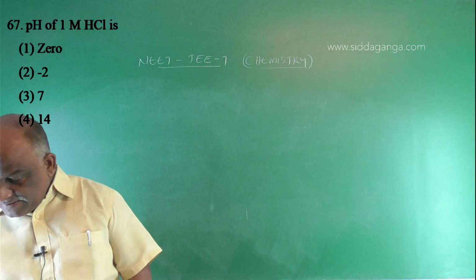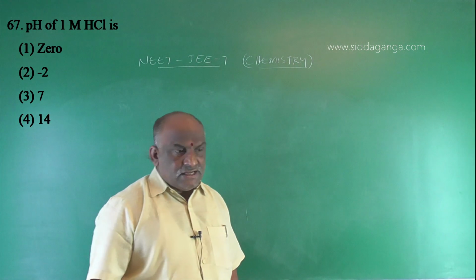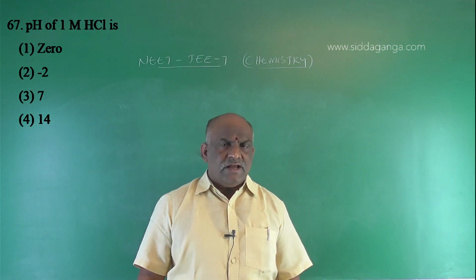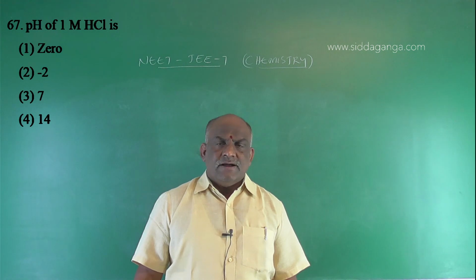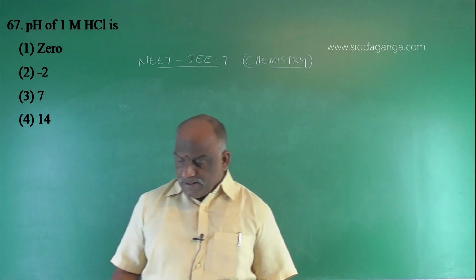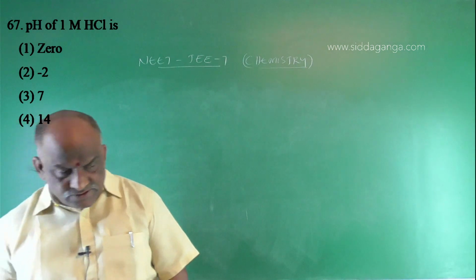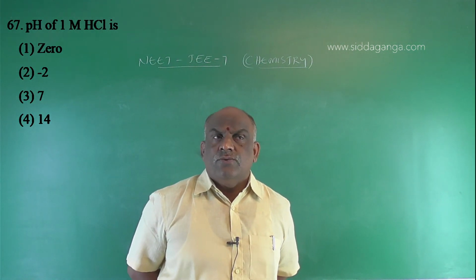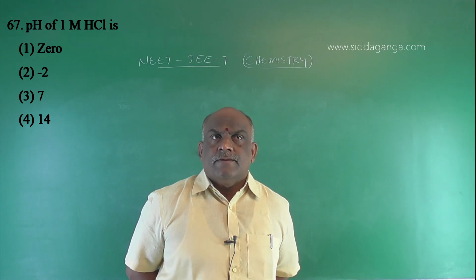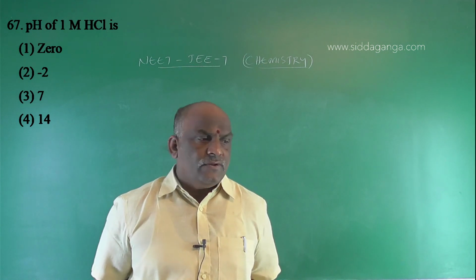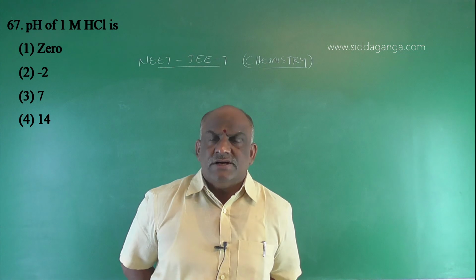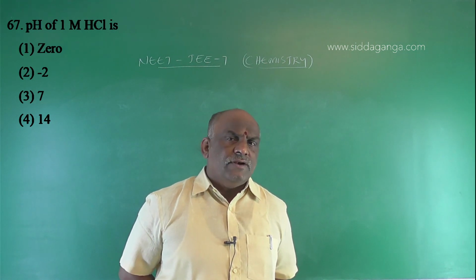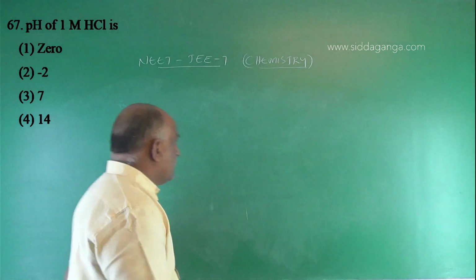So 1M HCl, pH is what? HCl is a strong acid. Generally acids have pH less than 7, so we should go with strong acids' pH, which is nothing but 0 to 3. 1M means the concentration of hydrogen given is 1M.